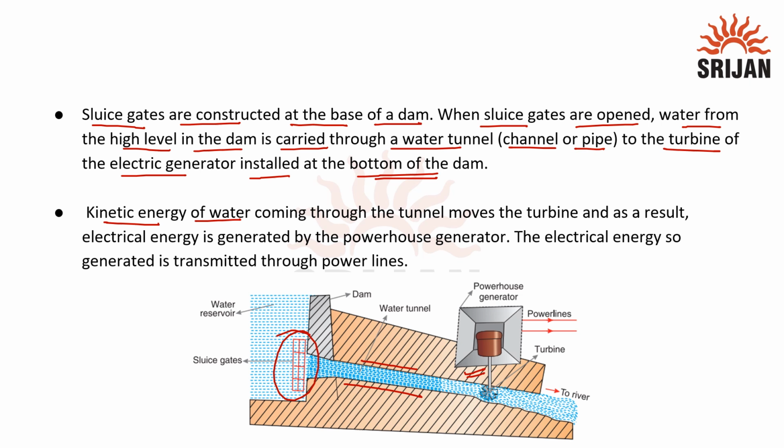Kinetic energy of water coming through the tunnel moves the turbine and as a result electrical energy is generated by the powerhouse generator. The electrical energy so generated is transmitted through power lines. So here the electrical energy will be generated and it will be transmitted through power lines.